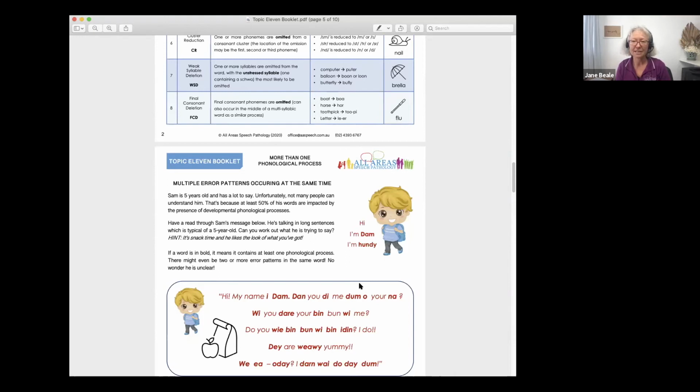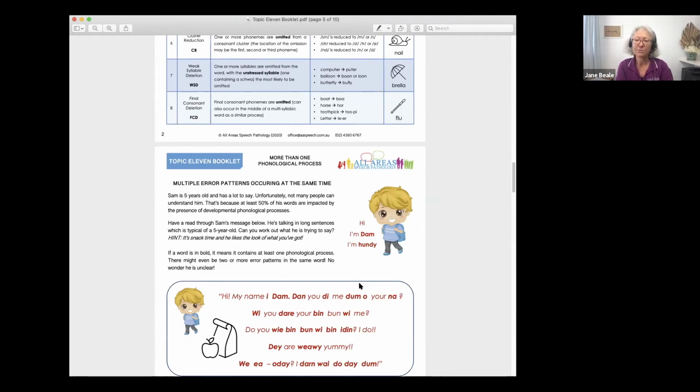I'm just reading it, that's how I did it. Yes, Dam, I assume that would be Sam. Well done. So Dam isn't a typical name, although there's probably someone out there that's called their child Dam. Hopefully not. But I would guess that it's Sam. Could have been Pam, couldn't it? But I've told you it's Sam and he's 5 years old.